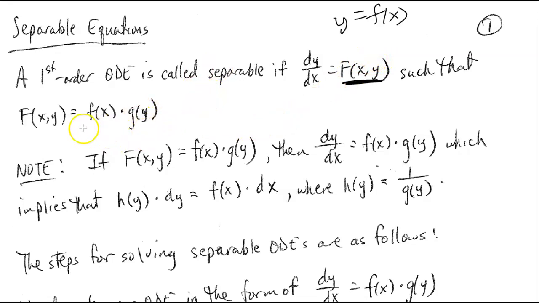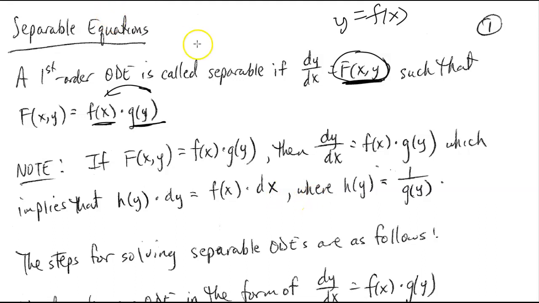Specifically, we say that we can rewrite this function of x and y as f of x multiplied by g of y. So that means we have a way of rewriting this expression to where we end up with a function of x times a function of y. If we're able to do that, then we have a separable ordinary differential equation.